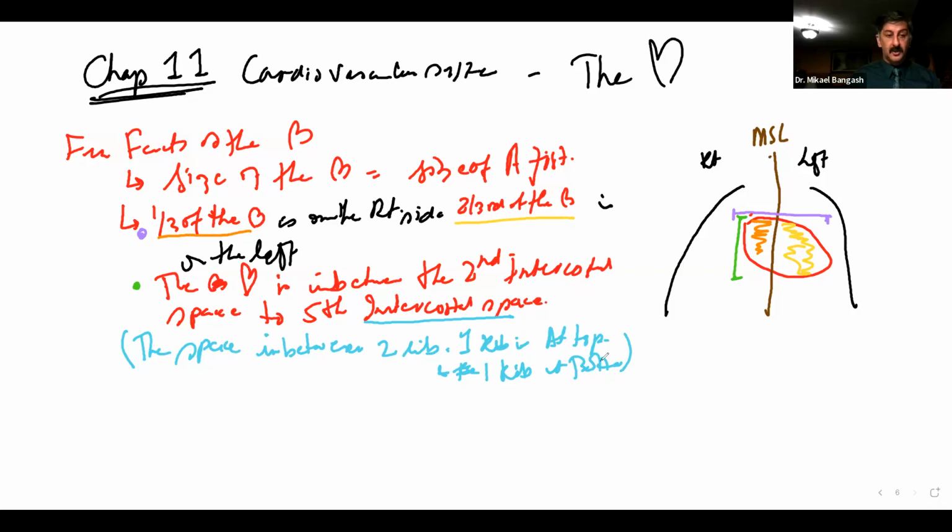So for an intercostal space, what do we have? We have a rib, and we have a rib. And the space in between these two ribs here is going to be your intercostal space. Clear? A rib above and a rib below.